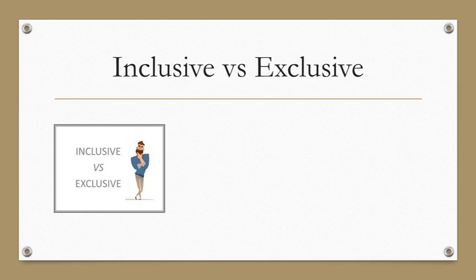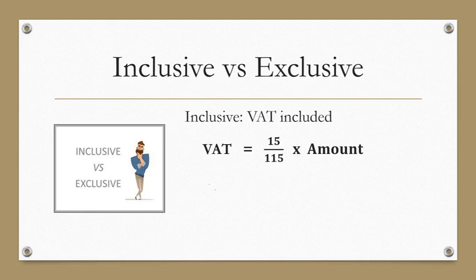Inclusive versus exclusive. Inclusive means the VAT is included in that amount. When we refer to VAT, without VAT it's 100, then we add the VAT of 15 in order to get the inclusive amount of 115.